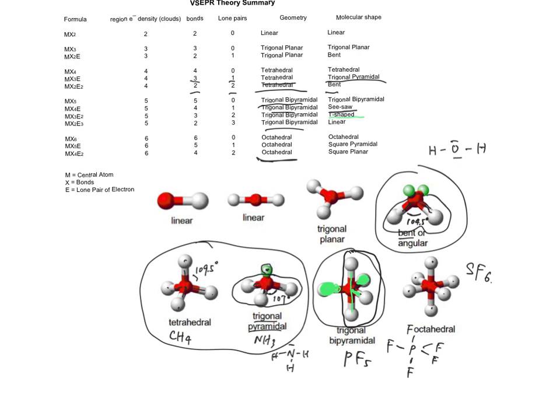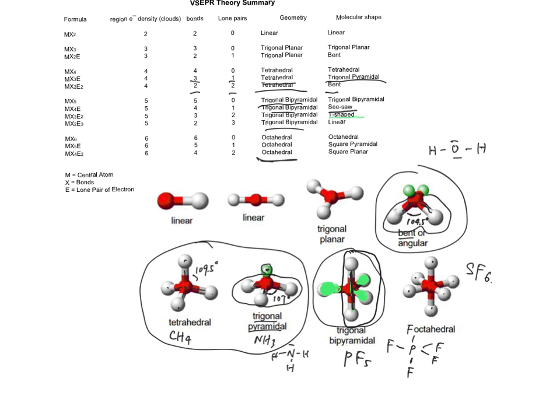Linear would be easy to understand. What if I have three lone pairs? Well, you turn this into a lone pair, and what you got in the end is the only thing that you see. That, of course, is linear.